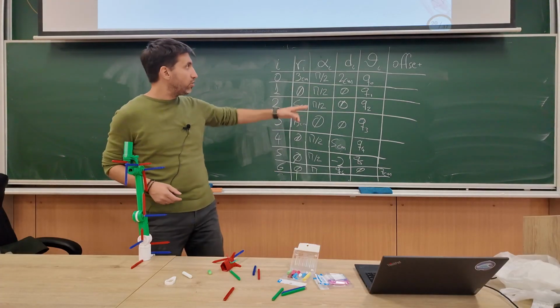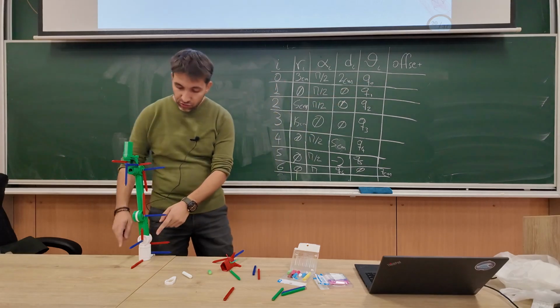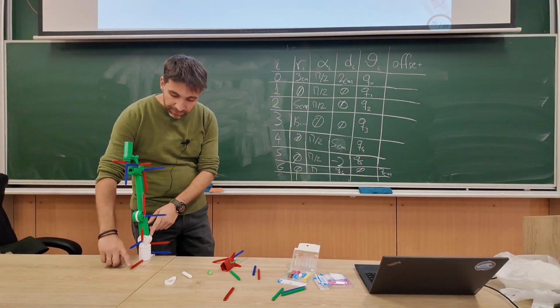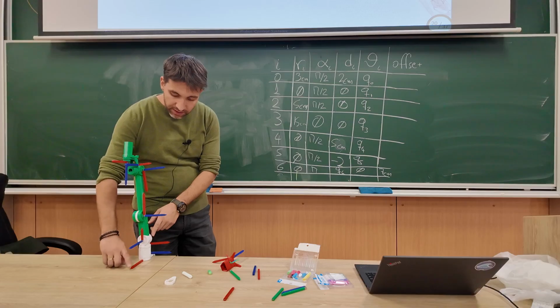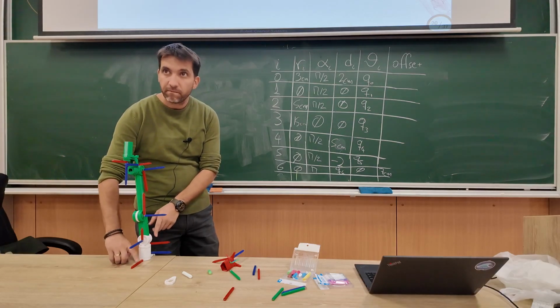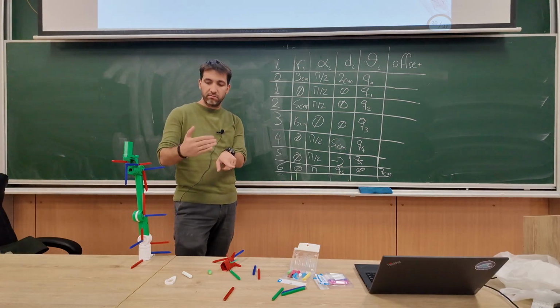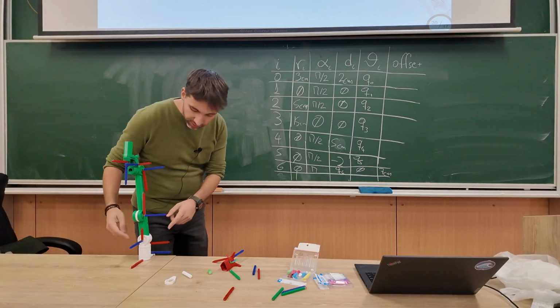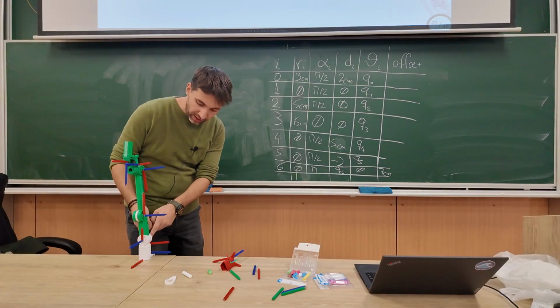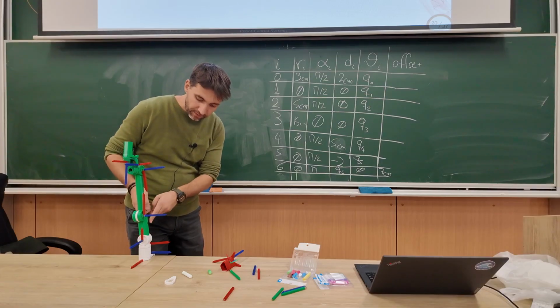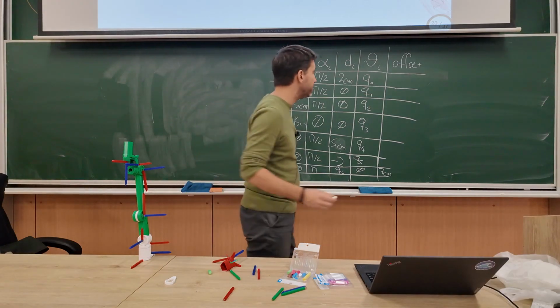So what would be the offset for the first joint, for Q0? It is the angle between x0 and x1, around, again, z1, sorry. How much is it? 90 degrees. So the offset here is 90 degrees.